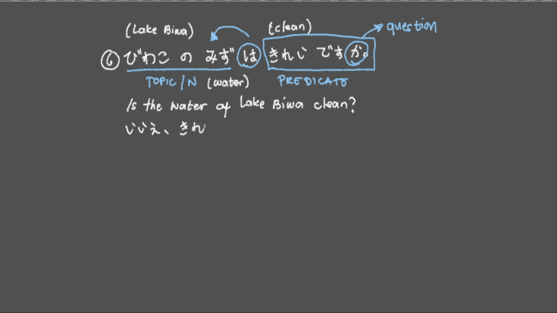The answer here is iie, kirei. How would we make the na adjective negative?